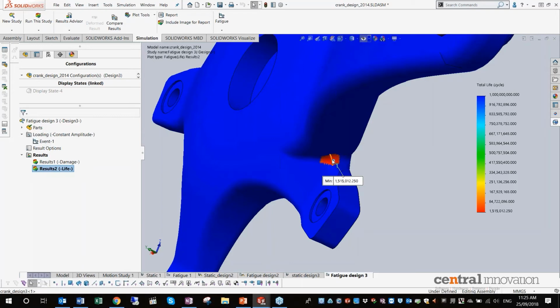So fatigue analysis basically is going to enable me to figure out whether the load is going to fail the model or not.